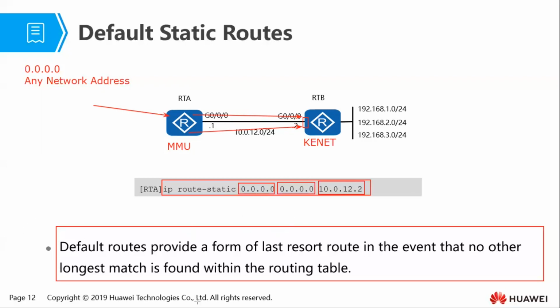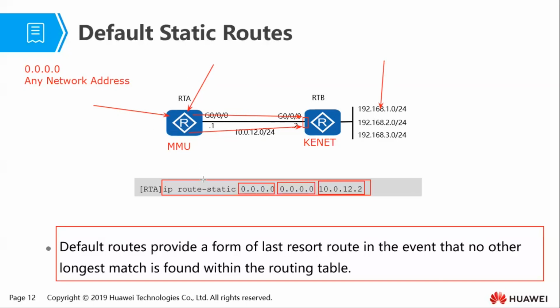Why do we do that? We do that most of the time on customer edge routers because they are low-end routers. They have minimal storage capacity, minimal CPU power. So we don't want to overwhelm them with so many routes, and we don't want them to store all these routes.